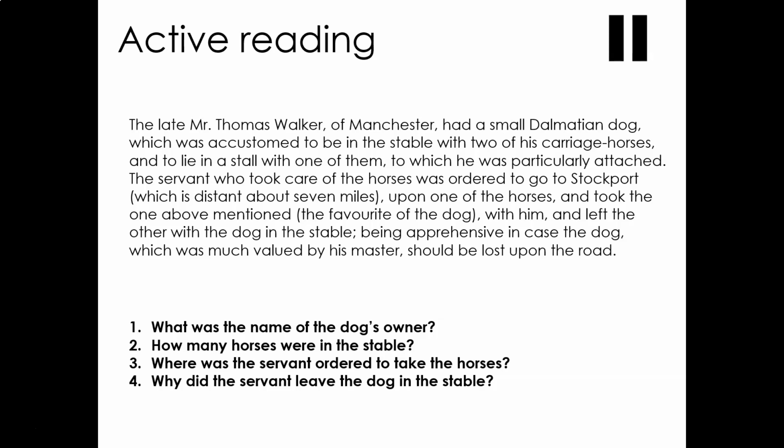Where did he take the horses? You're looking for a capital letter here, a proper noun, the name of a place. And number 4, why? Give me a reason. Why did the servant leave the dog in the stable? Looking in the final sentence, can you identify any feelings or ideas that suggest there was a reason for him to leave the dog behind?